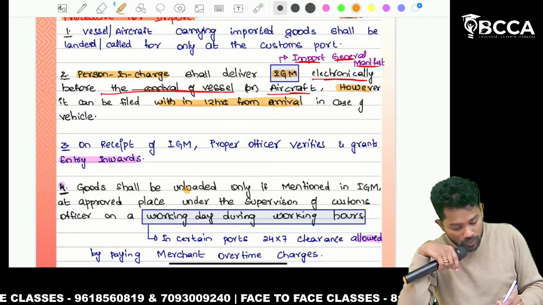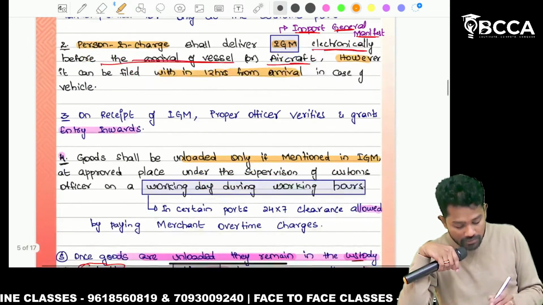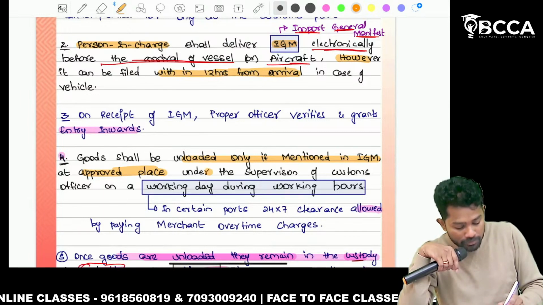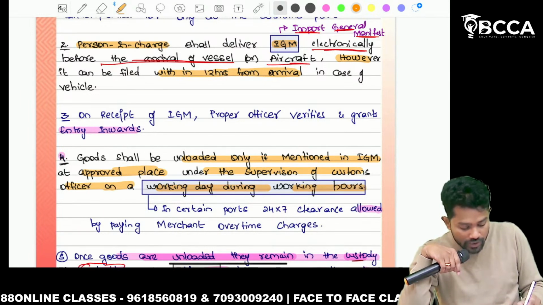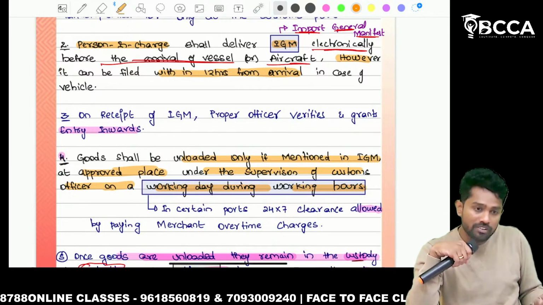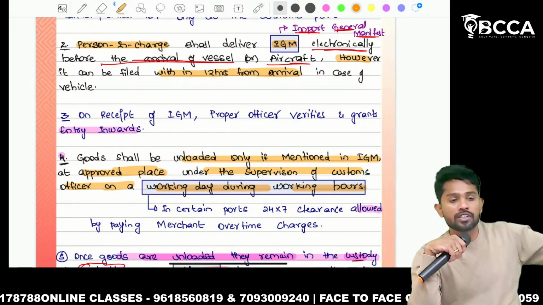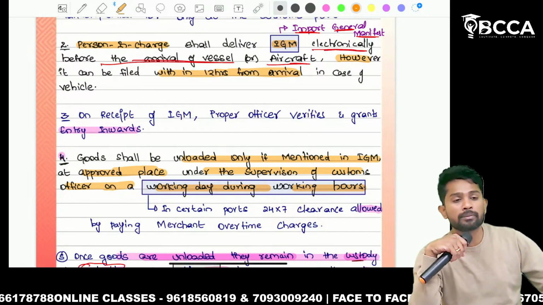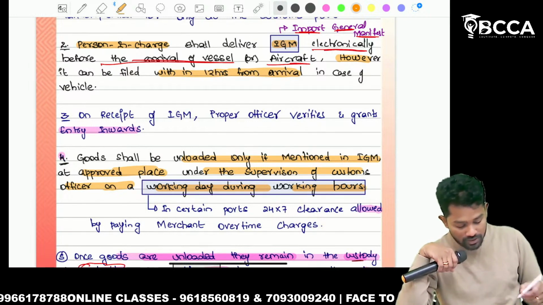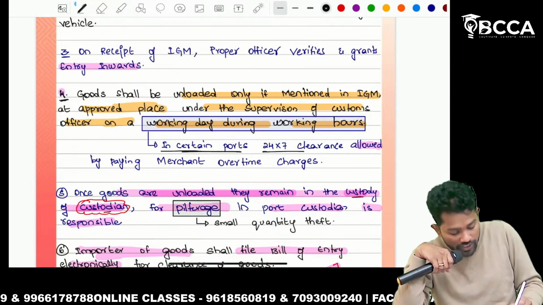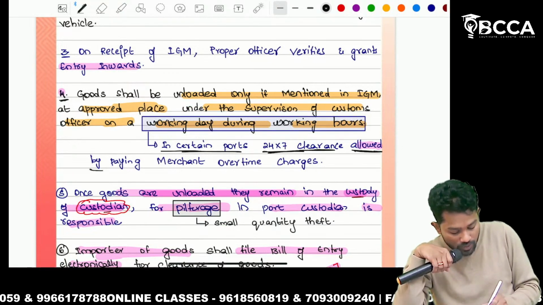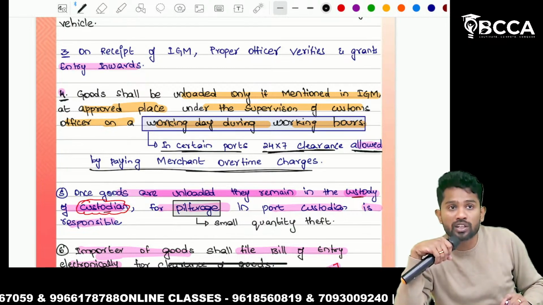That also at an approved place under the supervision of a customs officer on a working day during working hours. However, after modernization and trade facilitation measures, in certain ports 24/7 clearance is allowed by paying merchant overtime charges.